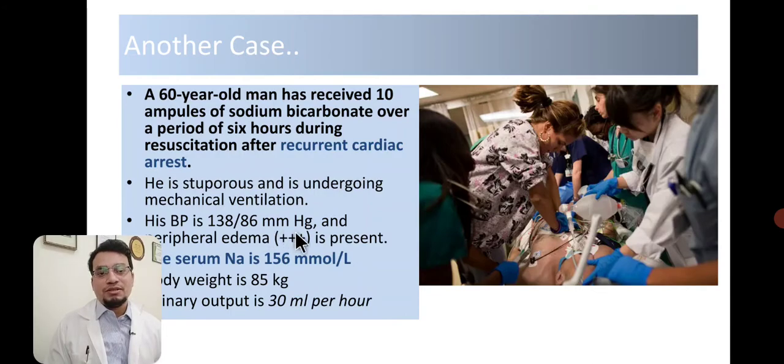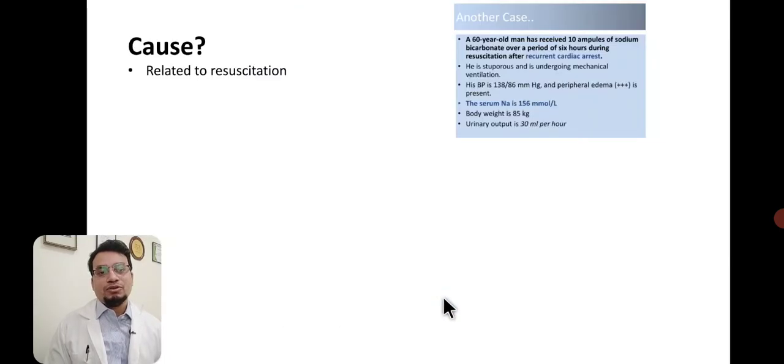However, on examination, it was noticed that he has developed a lot of peripheral edema, anasarca. Currently, his serum sodium is 156 millimole per liter, his body weight is 35 kg, and his urine output is 30 ml per hour. So how will you approach this case?